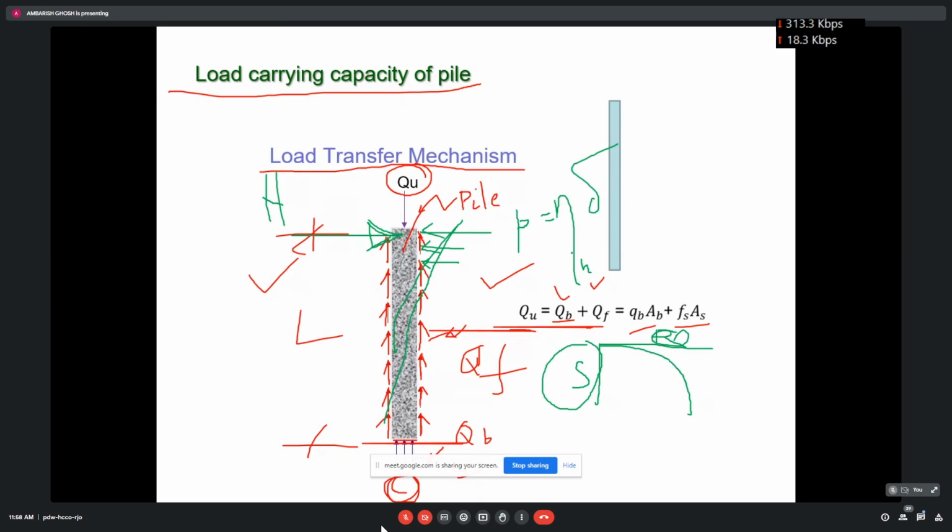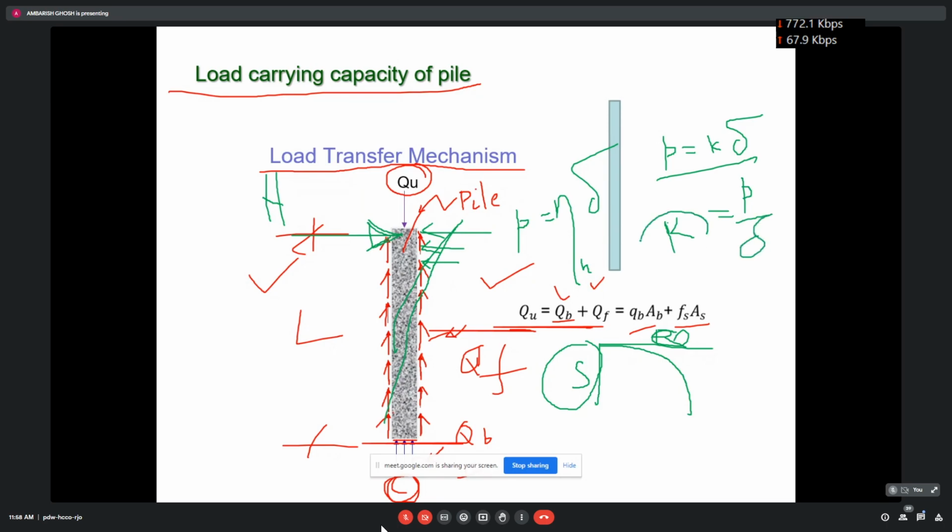You are accustomed with the term P equal to K delta. Can you remember? Have you gone through P equal to K delta? Force equals stiffness into deflection or deformation. So here you know the subgrade reaction K, that is load per unit deformation. Now what is this?